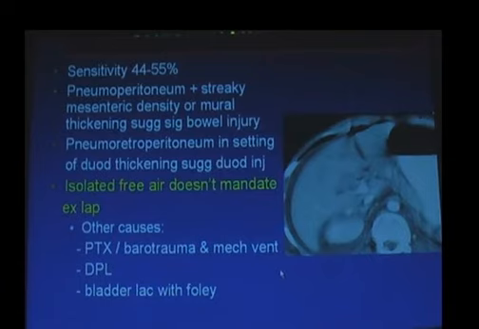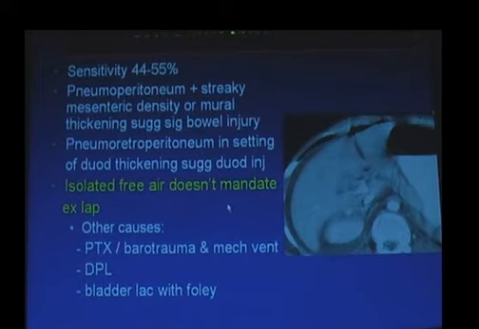Pneumoperitoneum overall has a sensitivity of about 44 to 55%. Pneumoperitoneum plus streaky mesenteric density or mural thickening is very suggestive of the presence of bowel injury. And pneumoretroperitoneum in the setting of duodenal thickening suggests duodenal injury. The thing that you have to remember is that pneumoperitoneum, when it's isolated, does not necessarily mandate exploratory laparotomy.